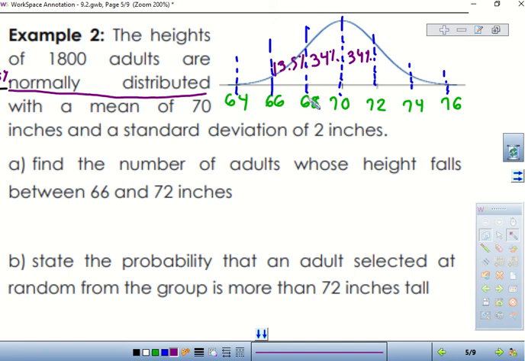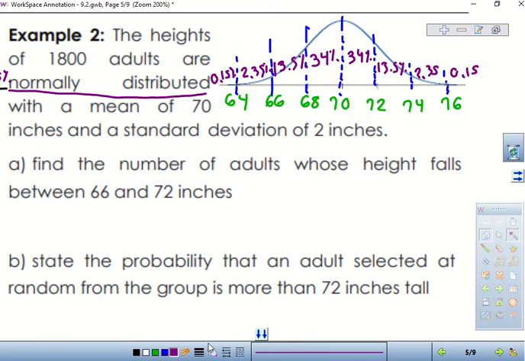Because like I said, there are many other versions of distributions in statistics, so they have to tell you which one to use. So I fill in my percentages, and now I'm ready to proceed.